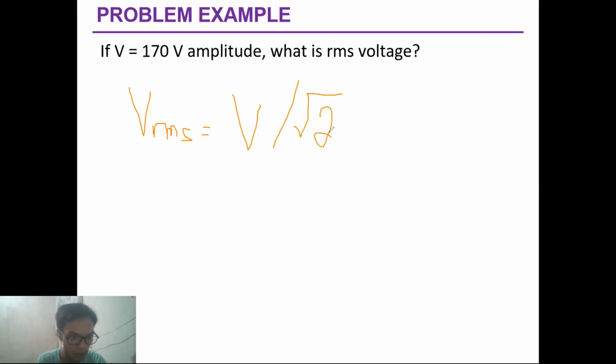So V over square root of 2. What is V? We have 170 volts over the square root of 2.